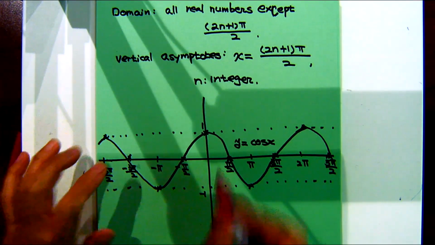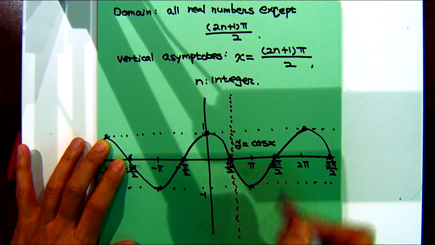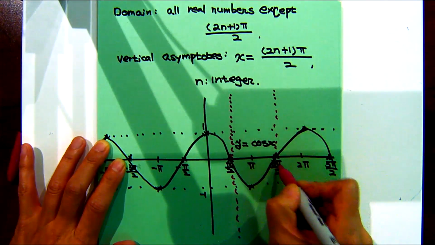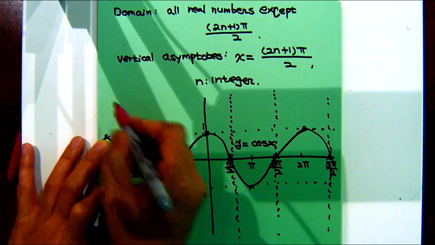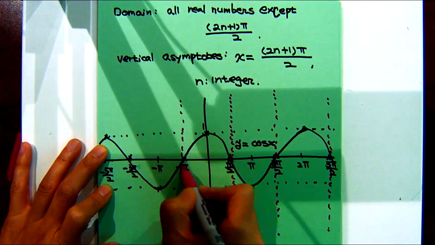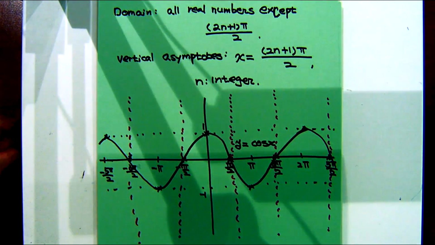So we will draw the vertical asymptote whenever the cosine value becomes 0. And then we will shape the secant function.